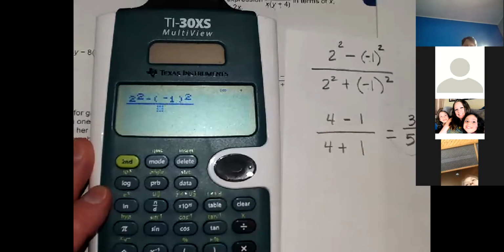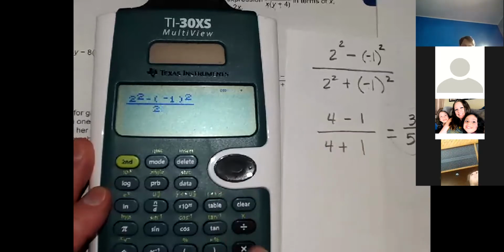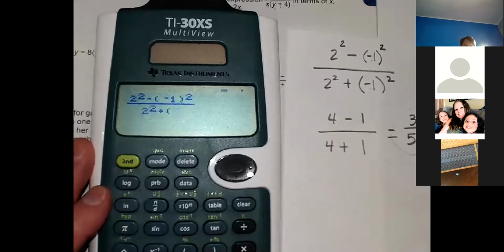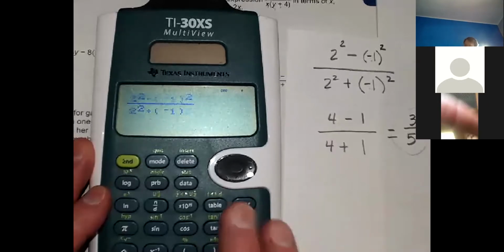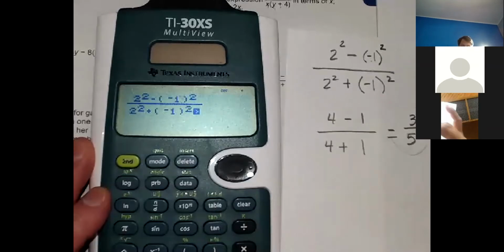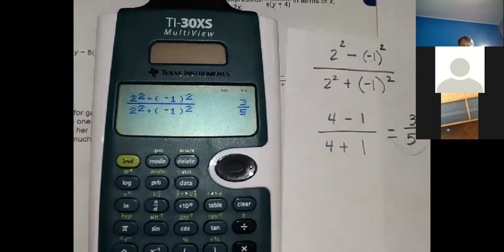And on the bottom, I'll have 2 squared add -1 squared. That didn't come out to be so bad, did it? No. Yay! All right, 3/5. We can do it. We definitely can.